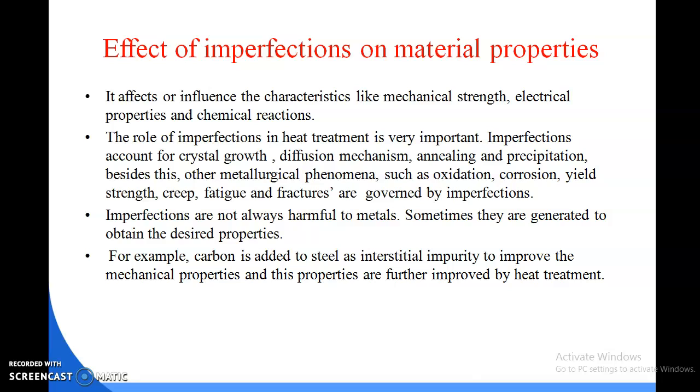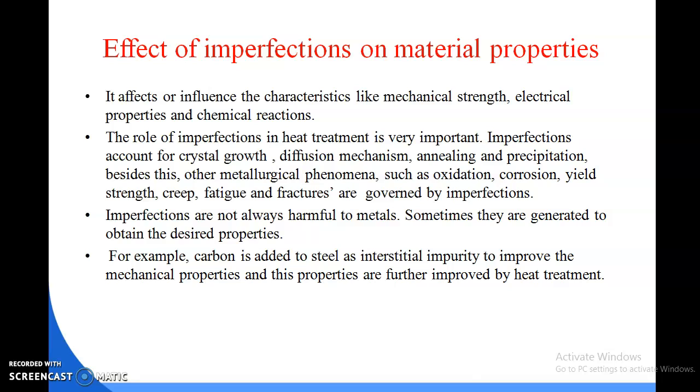Next, the role of imperfection in heat treatment is very important. Imperfections account for crystal growth or diffusion mechanisms, annealing and precipitation. Besides this, other metallurgical phenomena such as oxidation, corrosion, yield strength, creep, fatigue and fracture are governed by the imperfections in the crystal material.